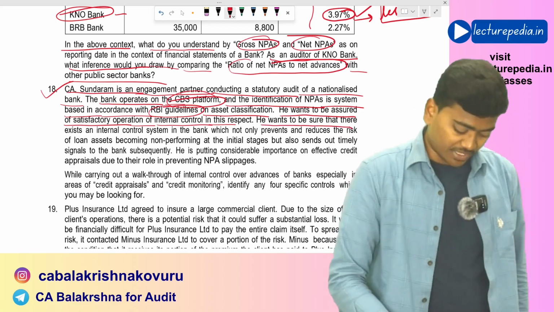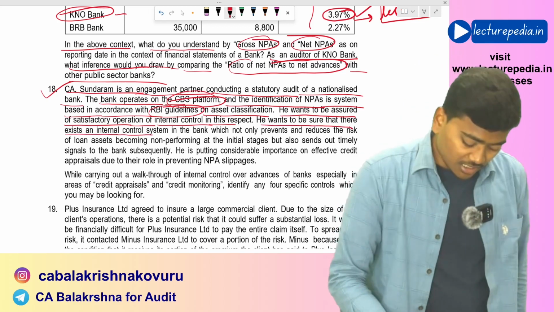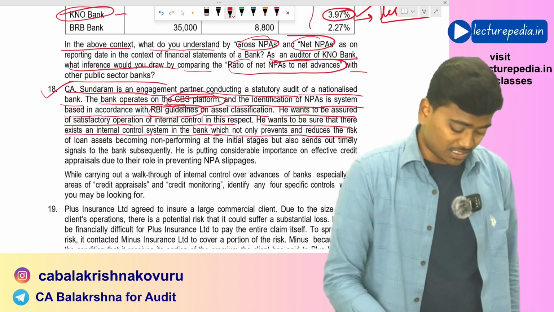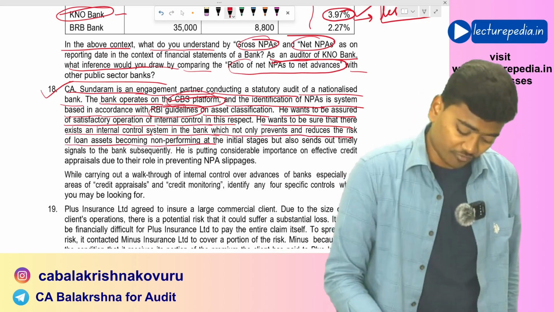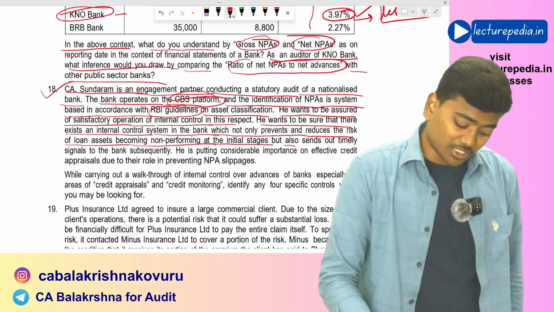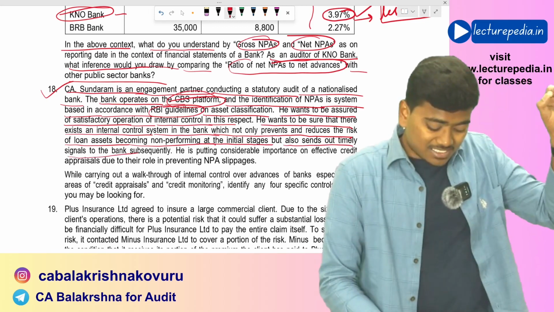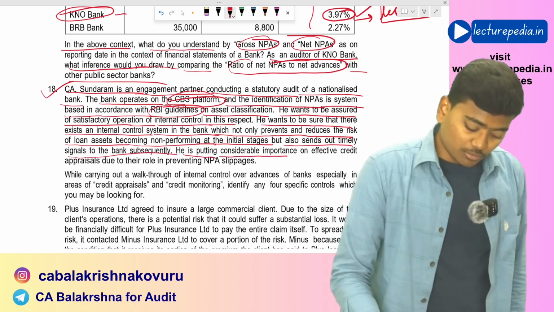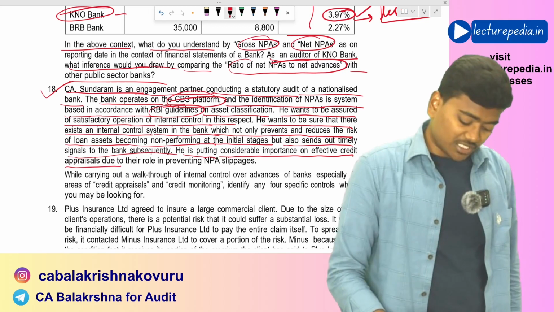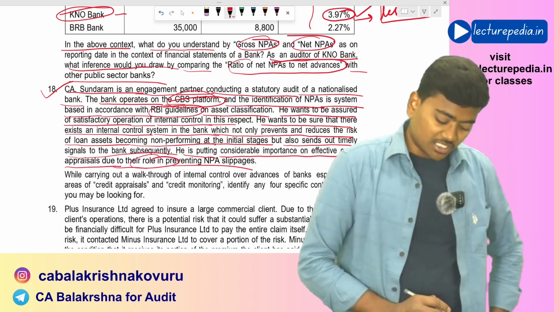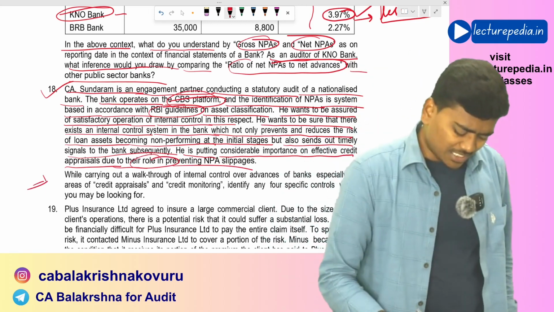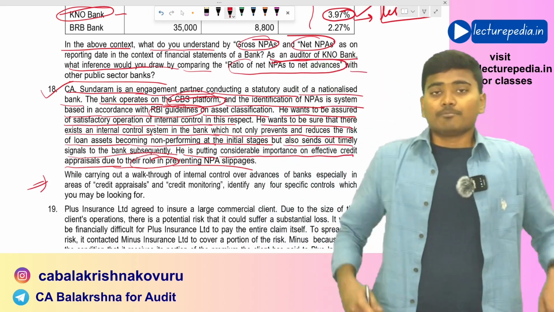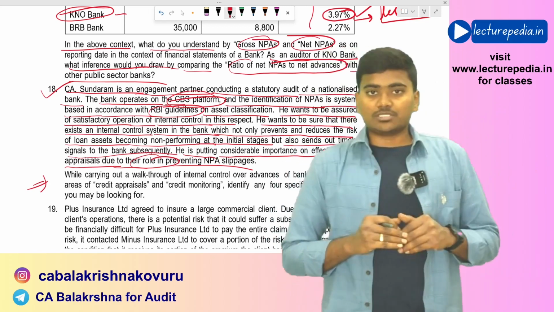He wants to be sure that there exists an internal control system in the bank which not only prevents and reduces the risk of loan assets becoming non-performing at the initial stages but also sends out timely signals to the bank subsequently. He is putting considerable importance on effective credit appraisal due to its role in preventing NPA slippages. Okay, basically he is trying to implement internal controls so that NPAs will be reduced.